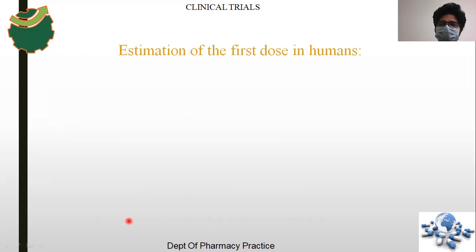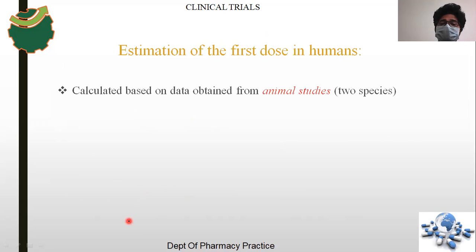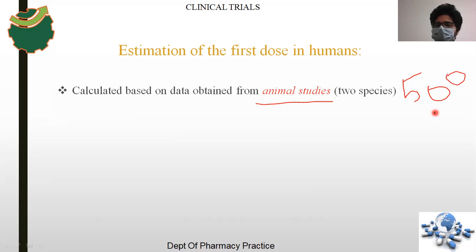Like estimation of the first dose in humans. This is the first time we are going to give a dose in humans, so it is calculated based upon the data obtained from animal studies. Obviously, if animal studies say 500 mg of paracetamol is a safe dose in animals, we will extrapolate that to 650 mg.